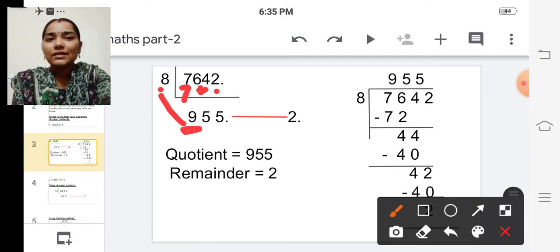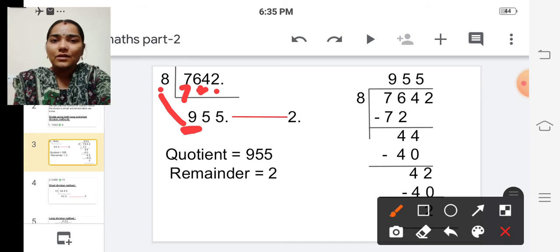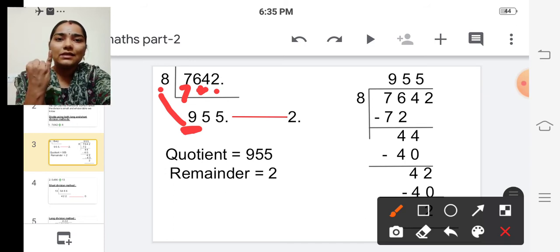So we write this 9 here, and we subtract 72 from 76. After 72: 73, 74, 75, 76. So the remaining is 4, isn't it?